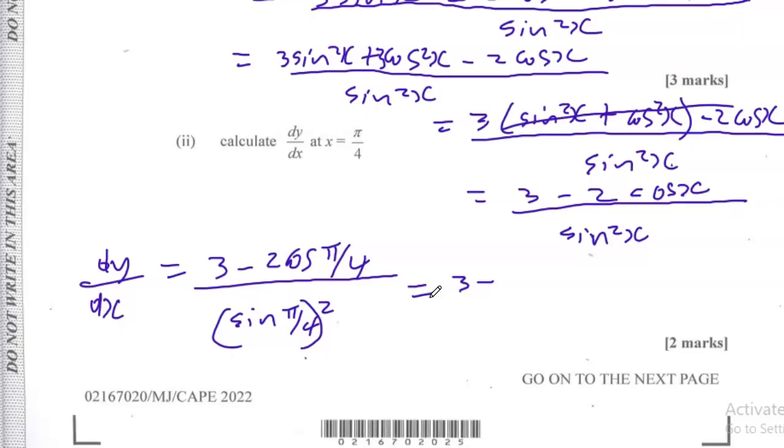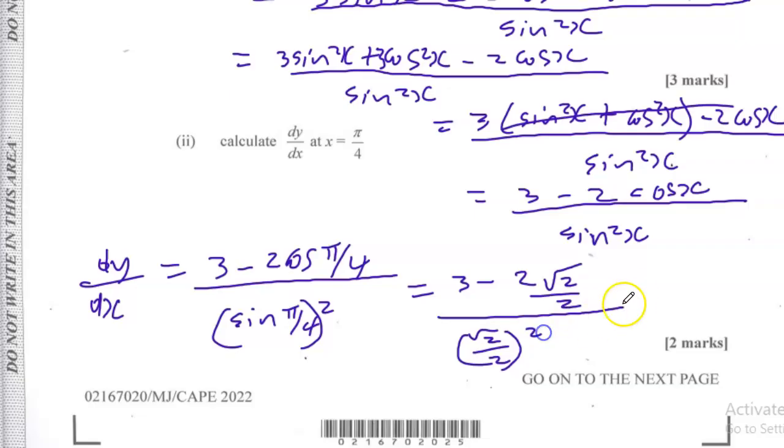So remember pi over 4, that's 45 degrees. Now cos 45 is root 2 over 2. So it's 2 times root 2 over 2 over sin 45, which is also root 2 over 2, all square.